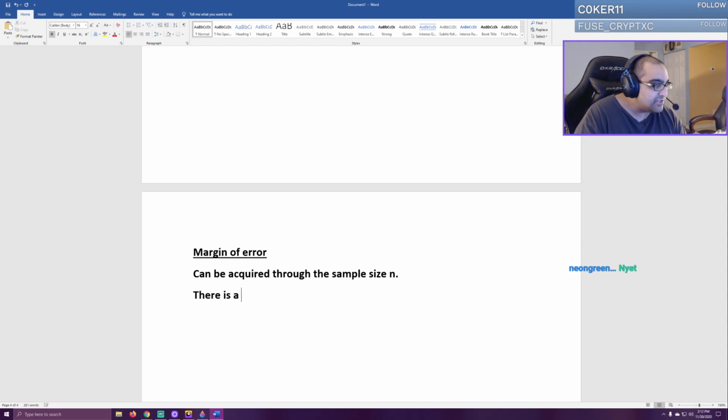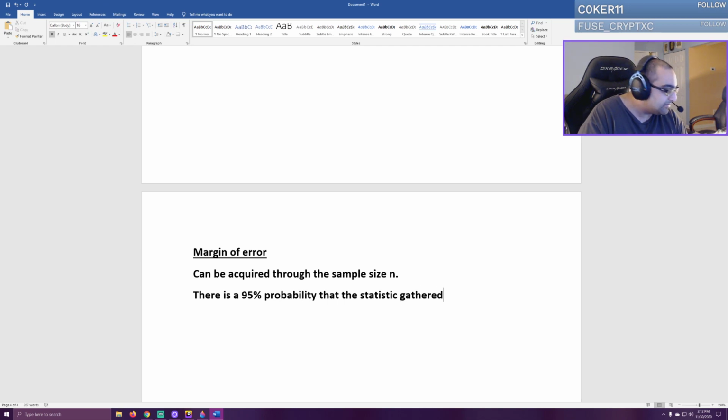So basically it says there is a 95% probability that the statistic gathered lies within, and there is a formula that goes with this, so I'm going to have to type this one out.